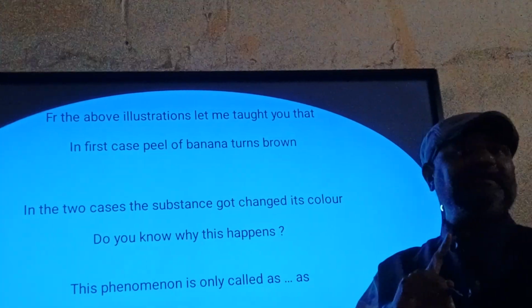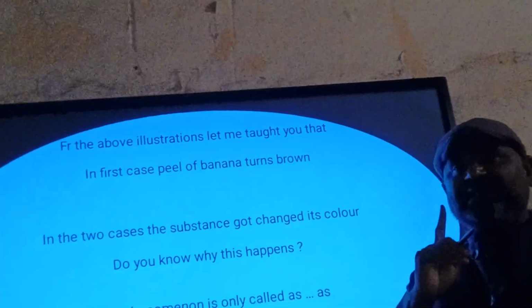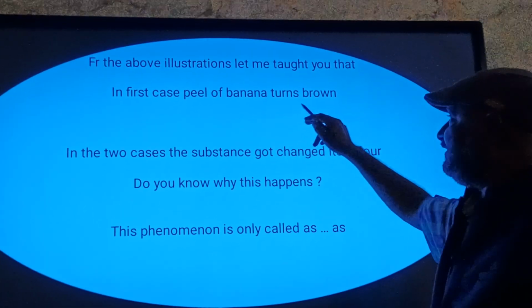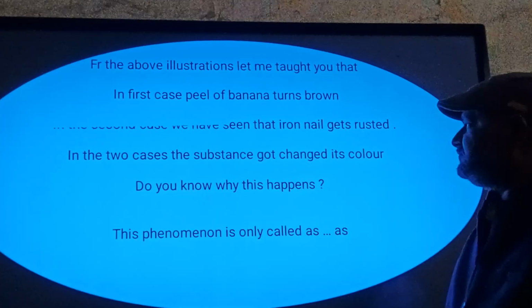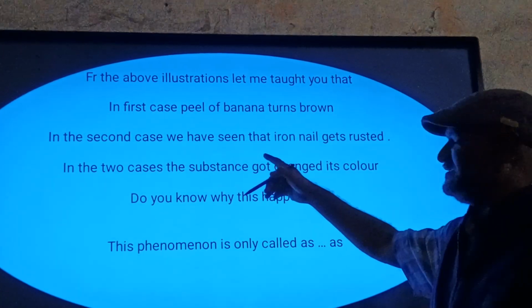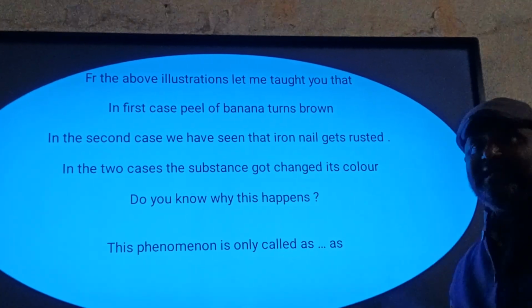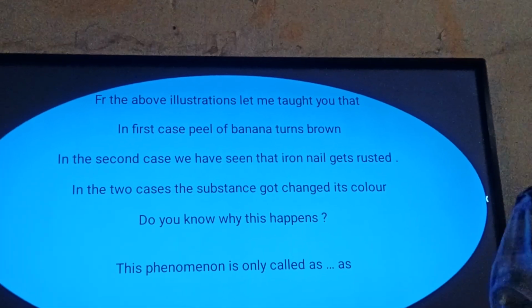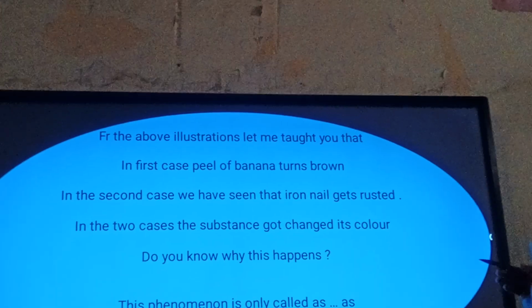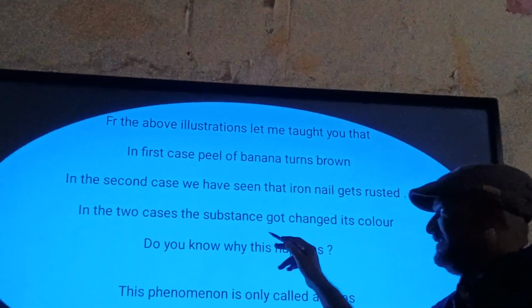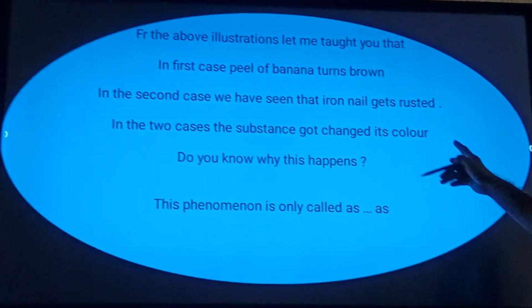Banana. Peel of banana turns brown. In the second case, we have seen that the iron nail gets rusted. In the two cases, the substance changed its color.